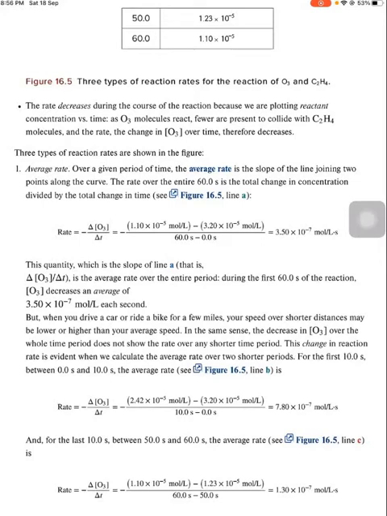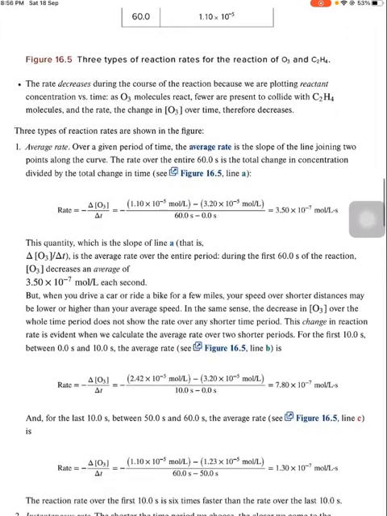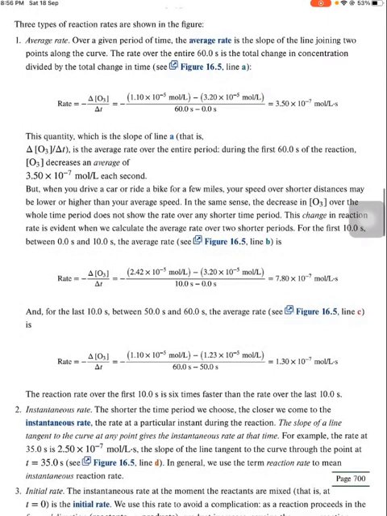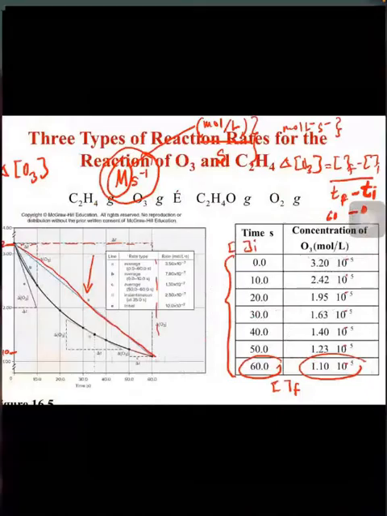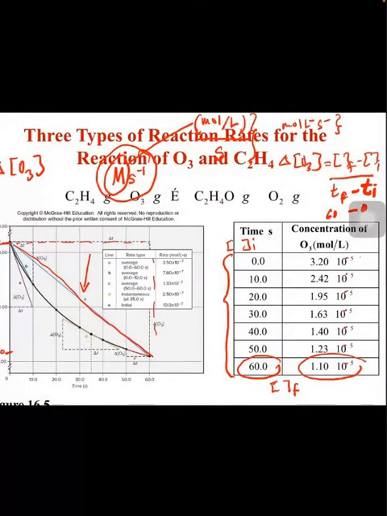So contohnya kalau kita tengok dekat dalam buku ni, mula-mula tadi kita ambil for the first 60 second kan. Lepas tu katalah kita ambil, mana dia cakap kat sini, dia ambil for the first 10 second pula. For the first 10 second, yang mana kalau korang tengok balik table tadi, okay, if you refer to the table, the first 10 second is referring to this. Kan? Jadi maknanya this is our final and this is our initial.